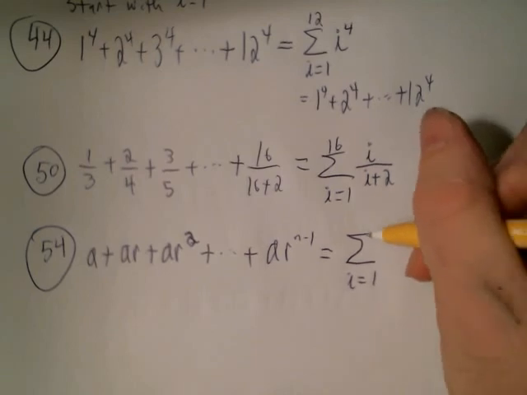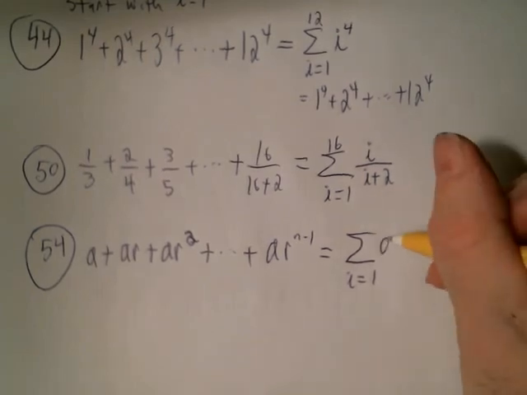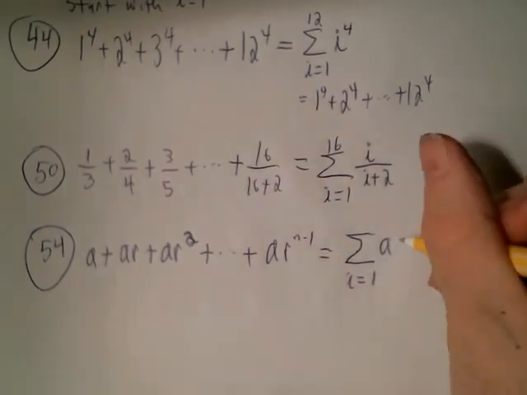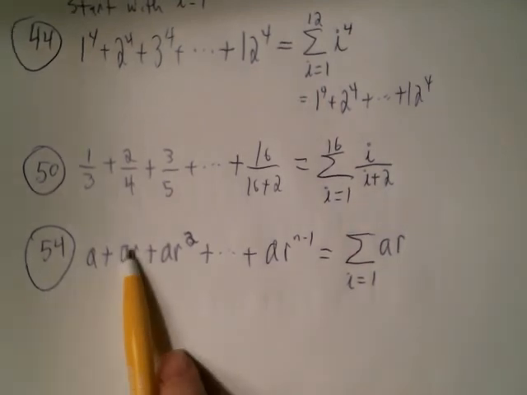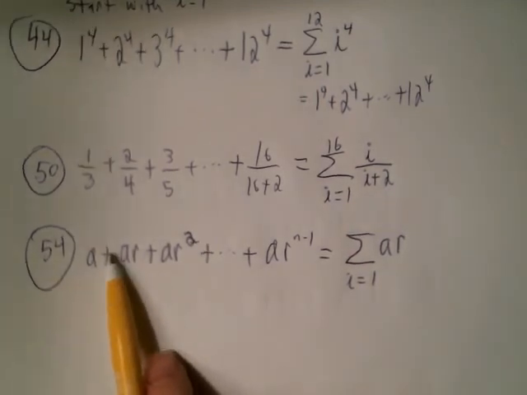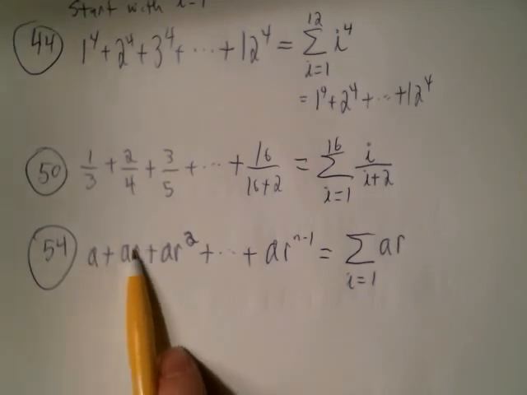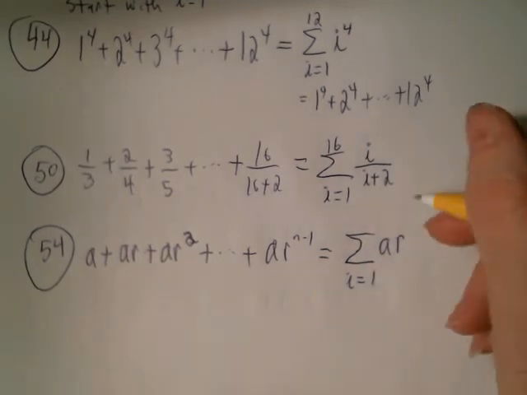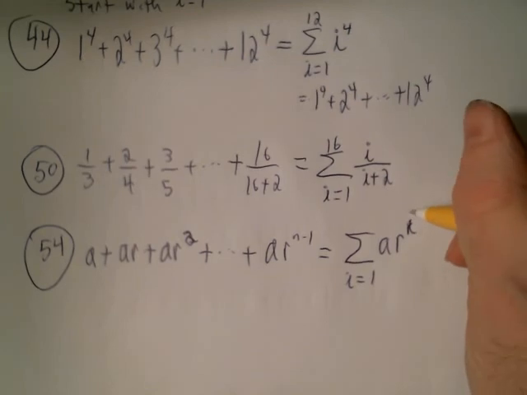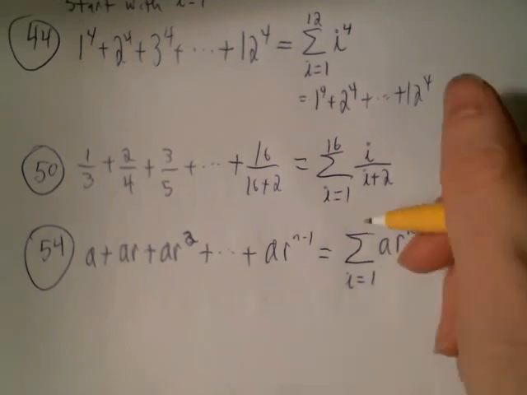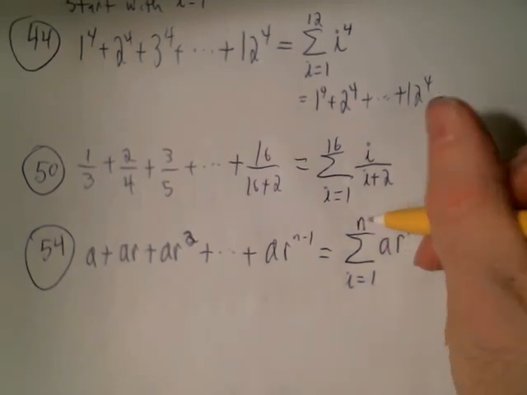Starting at I equals 1, it seems like I always have an A in there, and then R to something that's changing. So the first one would be R to the 0. It's not there, but R to the 0 would be 1, and then R to the 1 would be here, R to the 2. So R to the I minus 1, and we'll go all the way up to n.